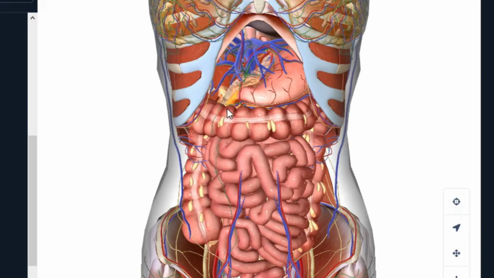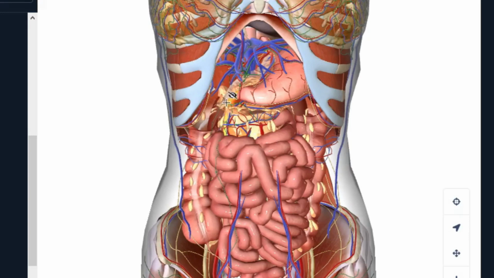This first part continues as the second part, and the point of continuation we call the superior duodenal flexure, where the first part continues as the second part. Now we have a colon present over here which we removed, that is the continuation of the ascending colon into the transverse colon.